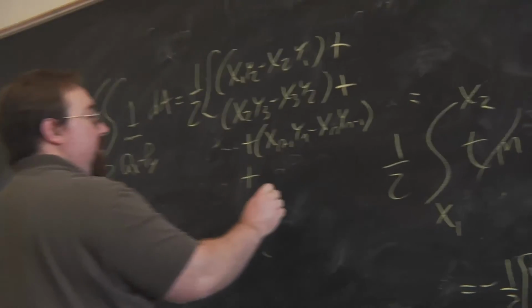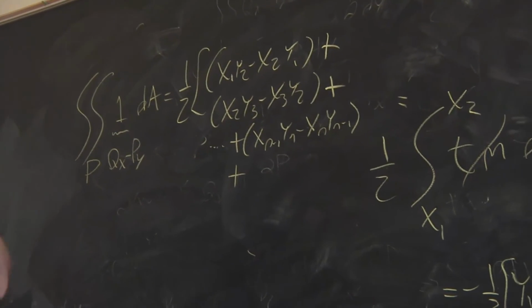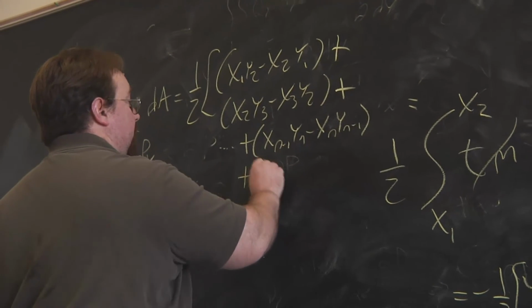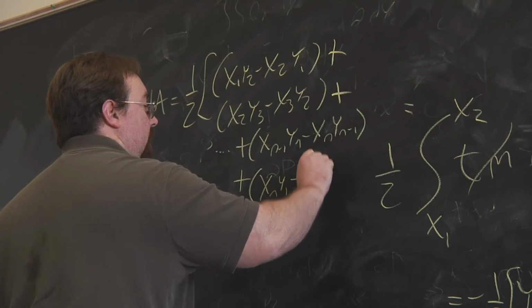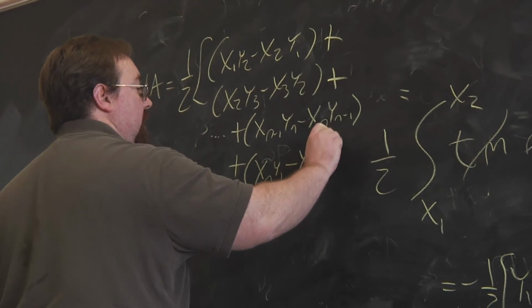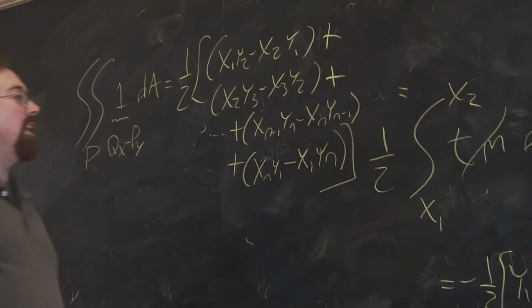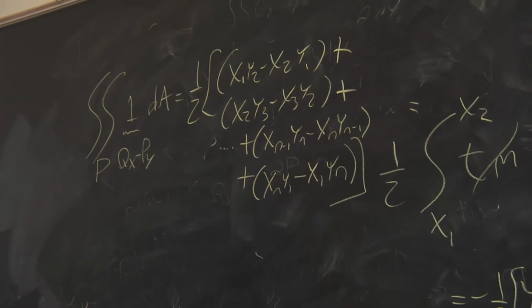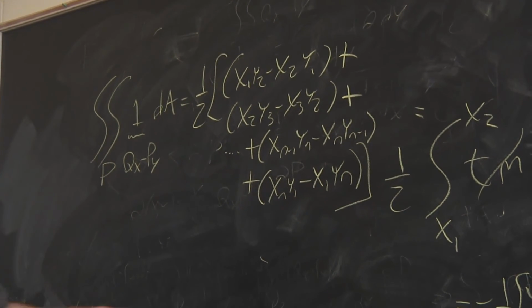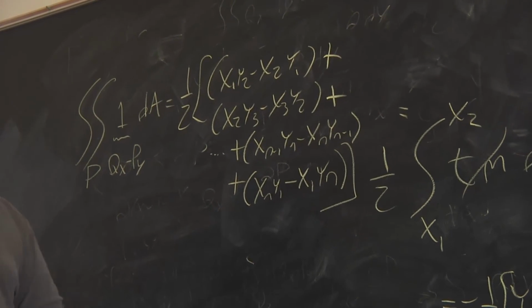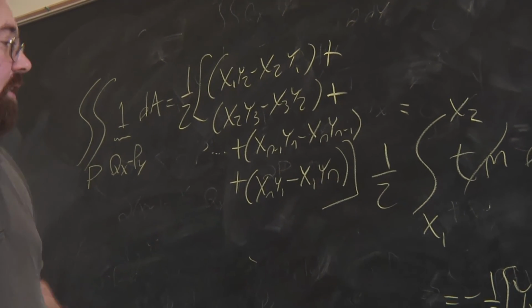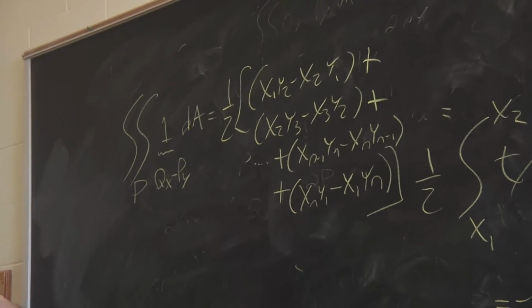And don't forget to include the very last edge that goes from the last vertex to the first. So that's xn y1 minus x1 yn. There. So that is the formula for the area of any polygon with vertices x1, y1 up to xn, yn. And it took Green's theorem to come up with it.